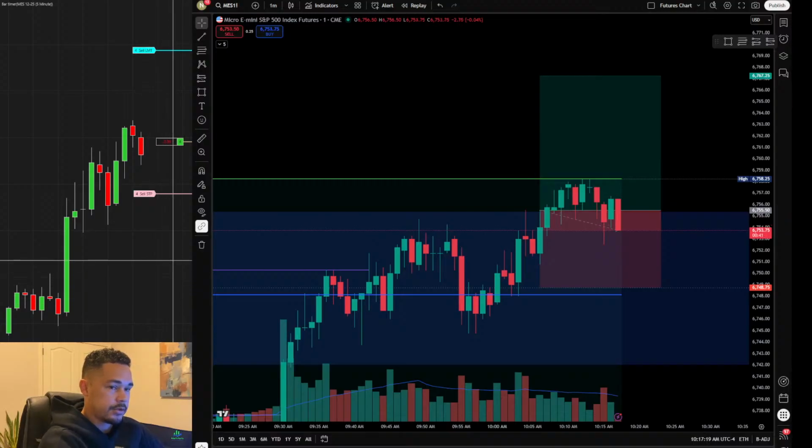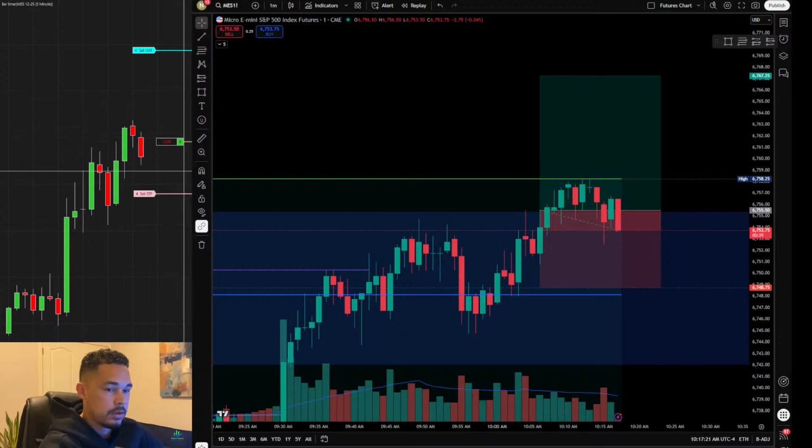Yeah, the buying pressure is pretty weak right now. So we are coming into this order block, but yeah, that was a strong push down. Not looking too good.